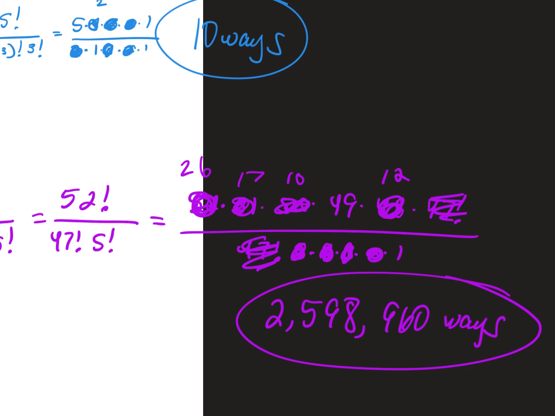No. If there's 10 people in a row, once someone sits in that first seat, how many available seats are there? 9. Then once someone sits in that one, how many available seats are there? 8, right? So it's just going to go down like that. That's a permutation. So you could either multiply 10 times 9 times 8 and so on, or you can use the formula. It does not matter. You can use either way you want to.